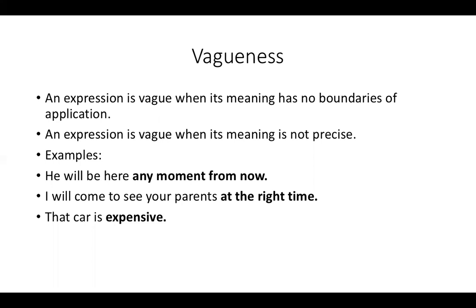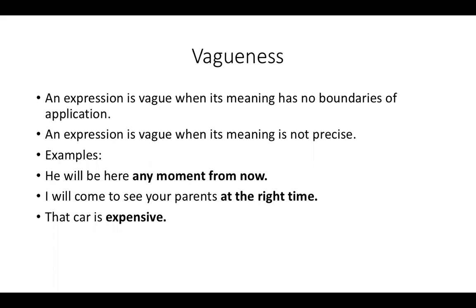He will be here any moment from now. Any moment from now is not precise, so it has no boundary of application. Any moment from now can be from the next 1 second or the next 1 minute till Jesus Christ comes again. Another example: I'll come and see your parents at the right time. The person has not provided you with any useful information, because at the right time is not precise.